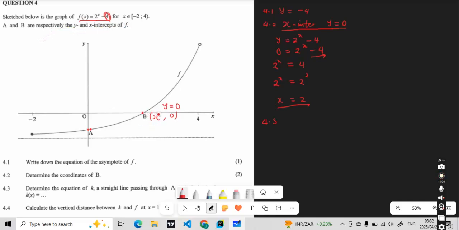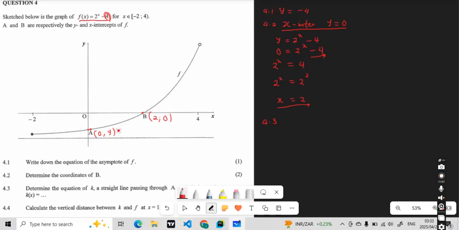So already we have the coordinates of B to be (2, 0). For A we only know that this is the y-intercept, x is equal to 0, so (0, y).